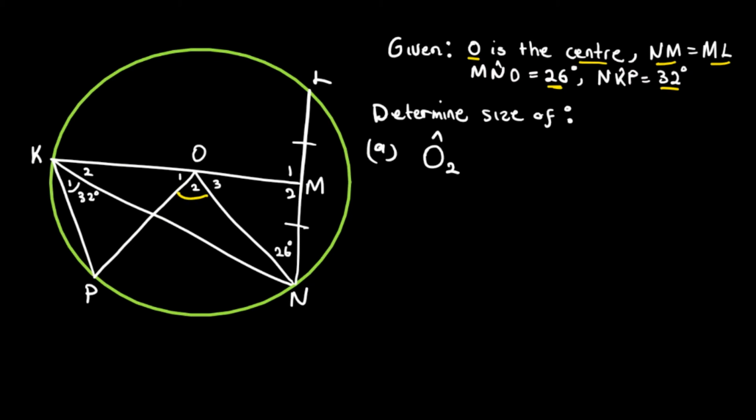The first thing you're going to do is look at the diagram. Just by analyzing the diagram, I see that this side here is theorem 3. If you check, this angle here is twice that angle there.